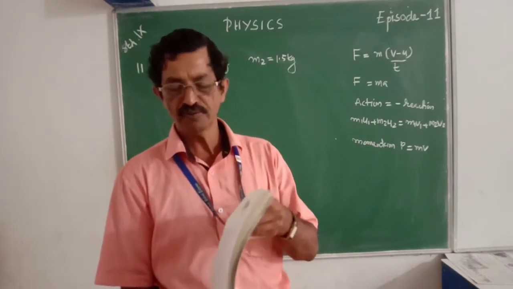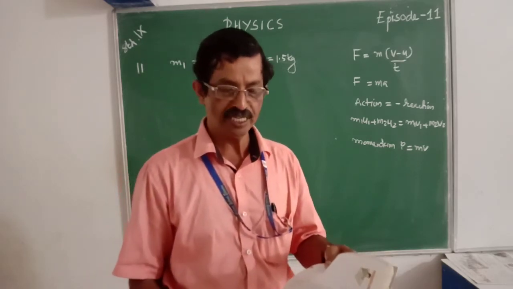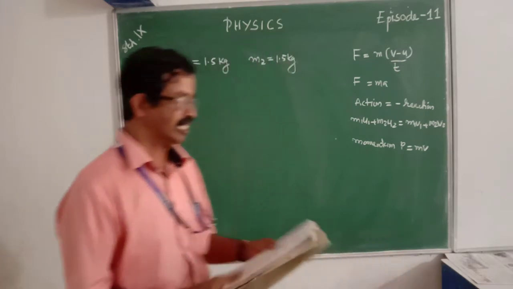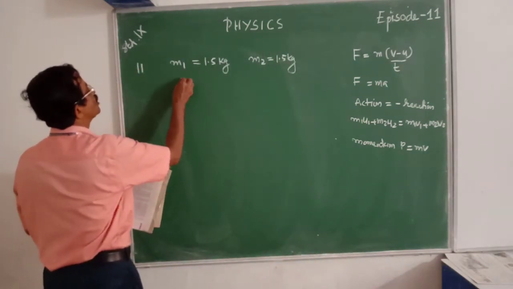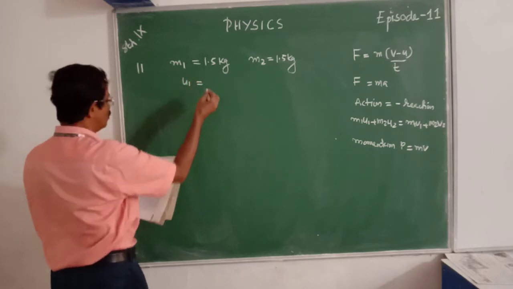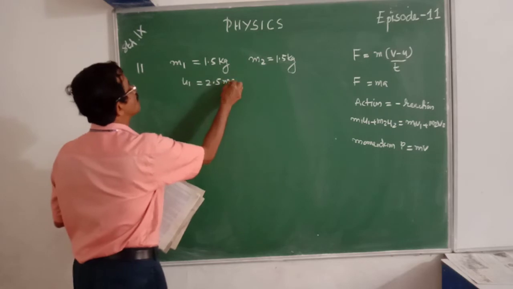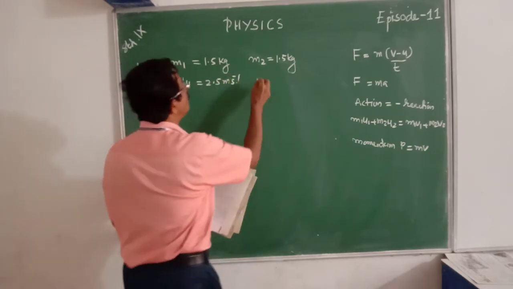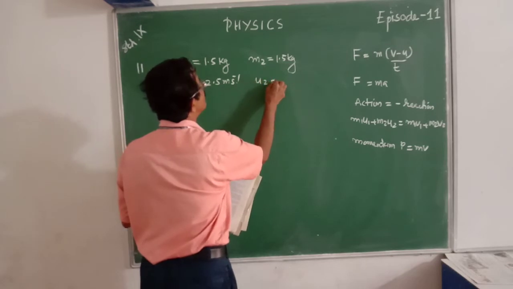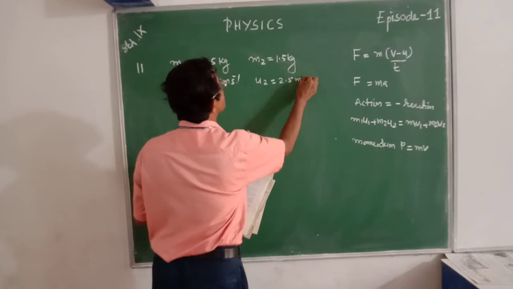The velocity of each object is 2.5 meter per second. That means the velocity of the first one we can take as u1 is equal to 2.5 meter per second, and also the second one u2 is equal to the same velocity 2.5 meter per second.